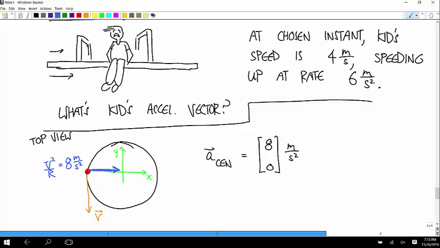It has to match the velocity direction. And we're given the magnitude, speeding up at a rate of 6 meters per second squared. So this is going to be 6 meters per second squared. That's in our negative y direction. So the tangential acceleration is (0, -6).